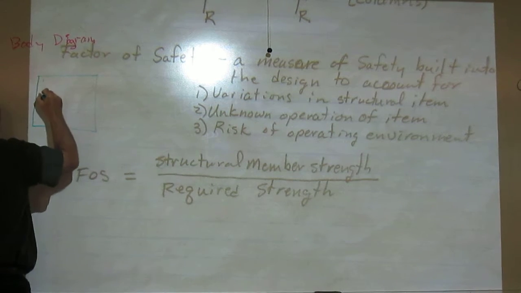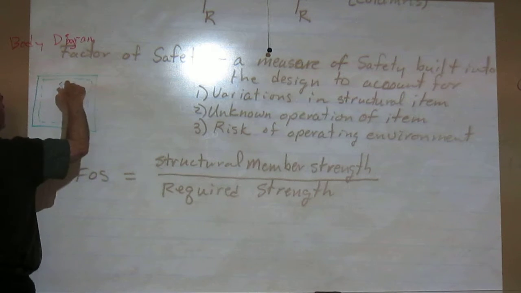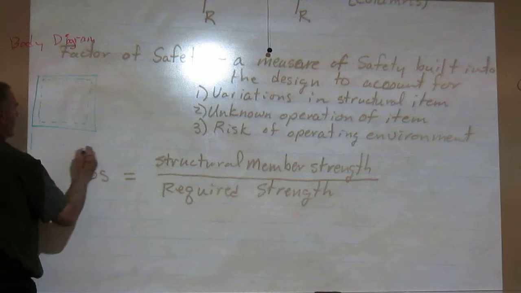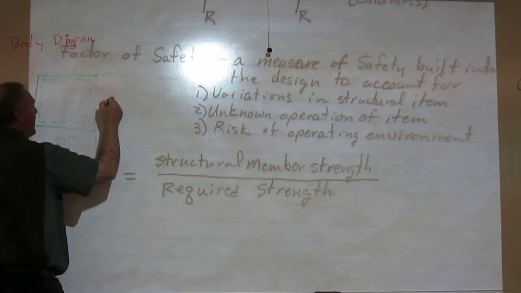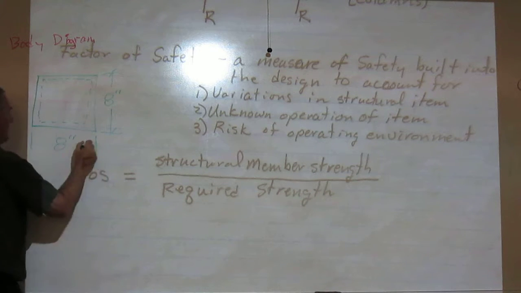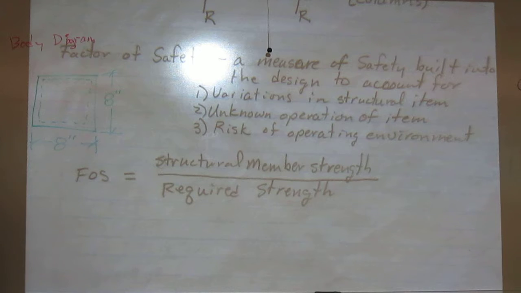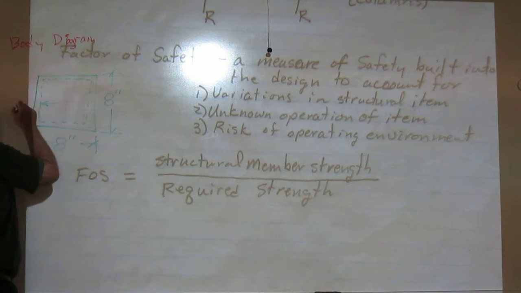When you have that column, what that's telling you, you see the 8 inch by 8 inch HSS? What you're seeing there is the rectangle shape, and then the corner is this piece.